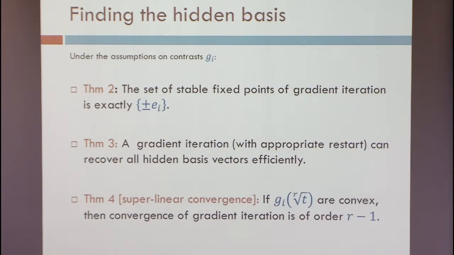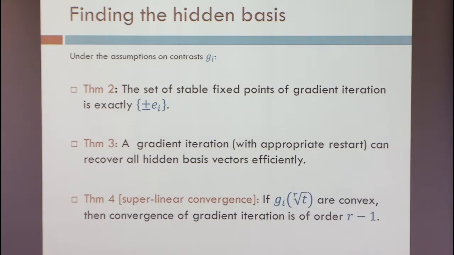And finally, if gi of the r-th root of t is convex, so this is a stronger condition when r is bigger than 2, then convergence of gradient iteration is of order r minus 1. So for example, if gi of t is equal to t cubed, then the t-th root, which is the third root, will be convex. Well, then you get quadratic convergence. So that's much faster than the typical convergence for matrices.